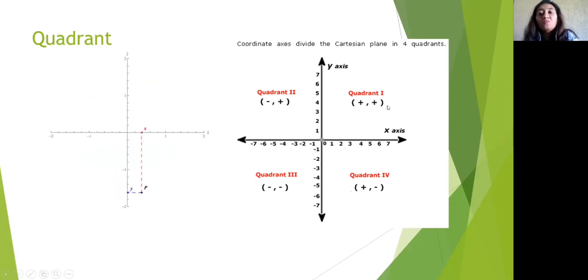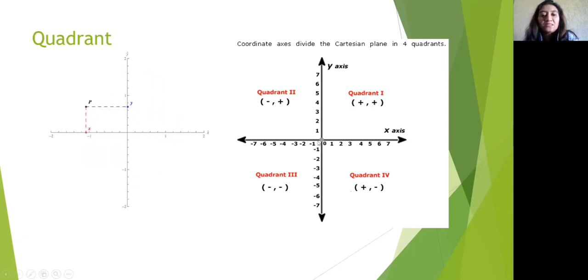Now here, why is plus written in quadrant 1? Because on the x-axis, the right side is positive, and on the y-axis, the upper side is positive. Hence plus is written here. Similarly, in the second quadrant, why is it minus and plus?